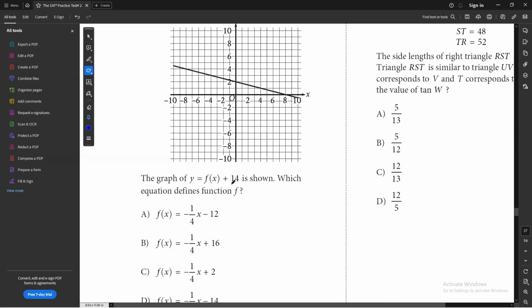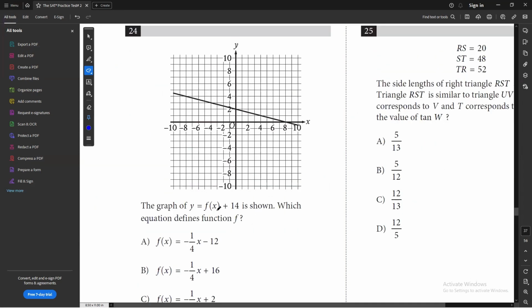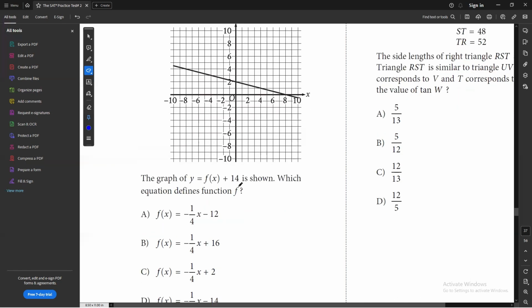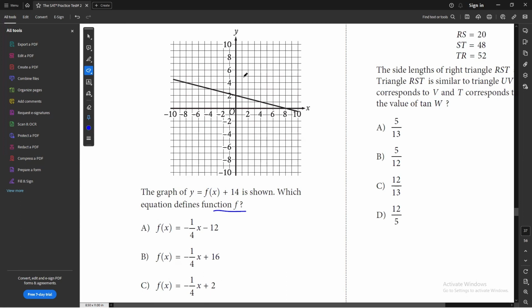Now, the graph of y is this. The graph of y equals f of x plus 14. Make sure you don't miss this. The question is asking which equation defines function f. So they're saying that there is a graph called y, and this is equal to f of x plus 14.